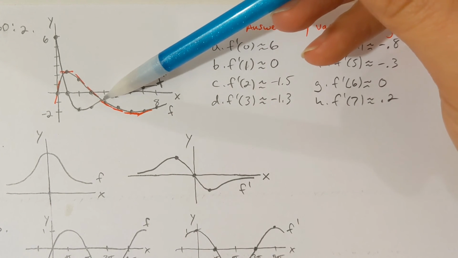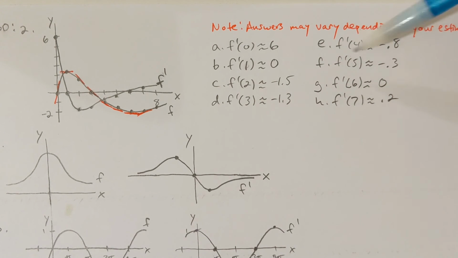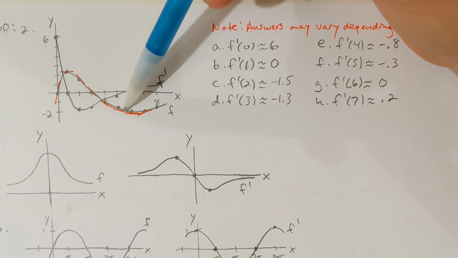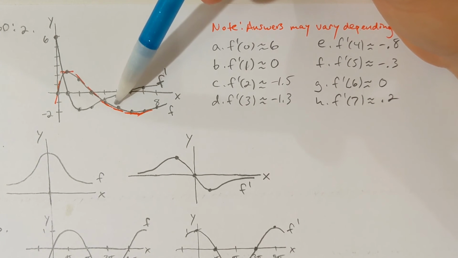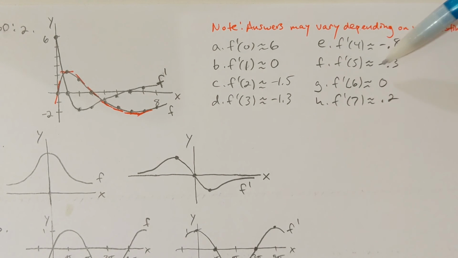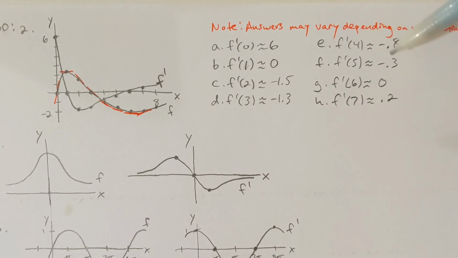Okay, so here's (4, -0.8) on the graph of the derivative. F prime of 5, so at 5, the slope of the graph is going to be more flattened than it was at these previous numbers. I'm calling that one roughly negative 0.3 for the slope. Okay, so here's (5, -0.3).